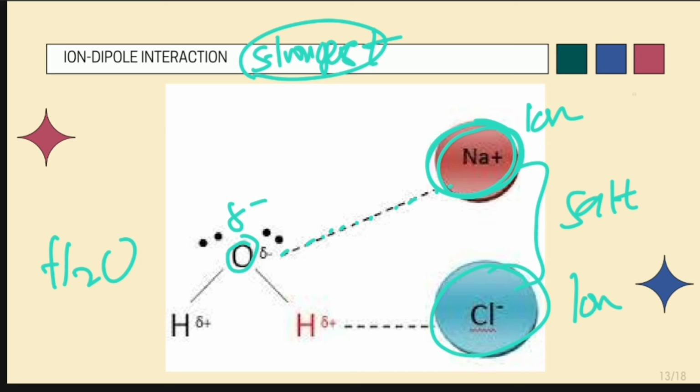Ang ion kapag positively charged, ang tawag mo doon cation. Ang ion kapag negatively charged, ang tawag mo doon anion. Okay. So, si Cl na negatively charged, ia-attract ni hydrogen doon kay water molecule that is partially positive. So, this is actually what happens at a molecular level when you dissolve salt to water.